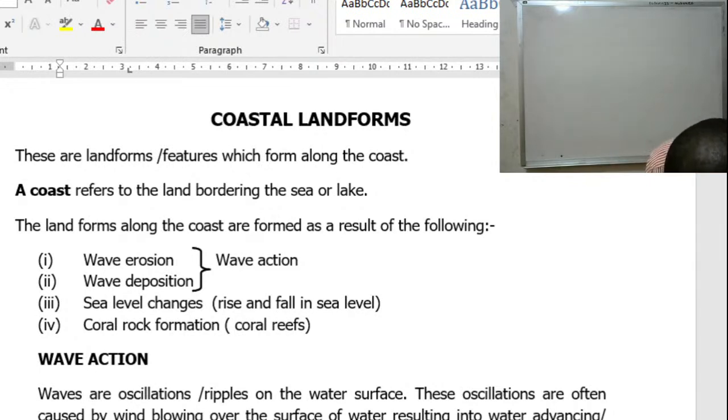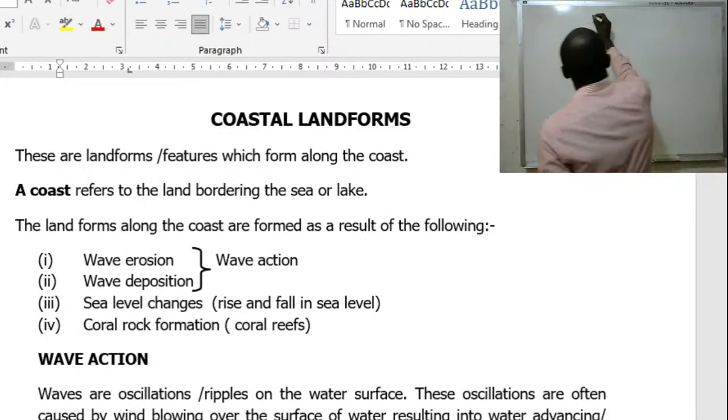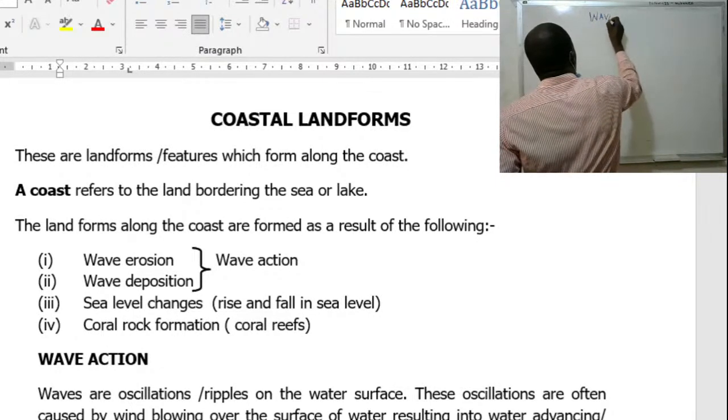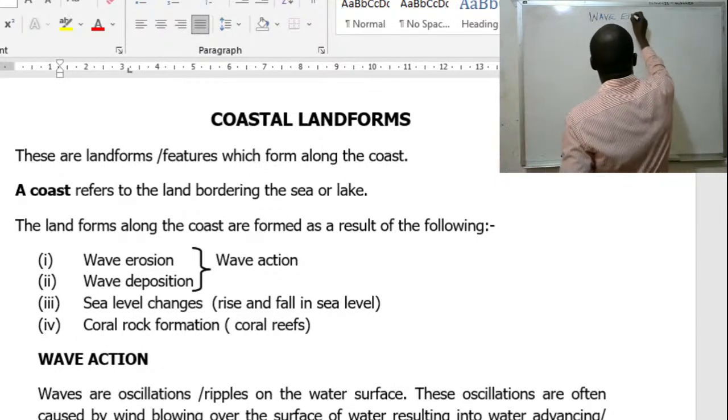And in East Africa, we are saying along the coast of East Africa as well as along shores of lakes that we have in East Africa, as we shall see the examples of these landforms. So we are talking about wave erosion.